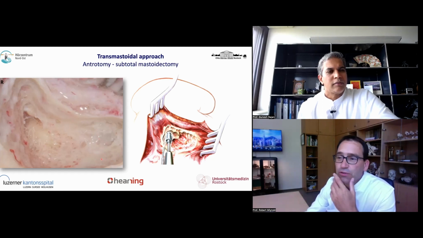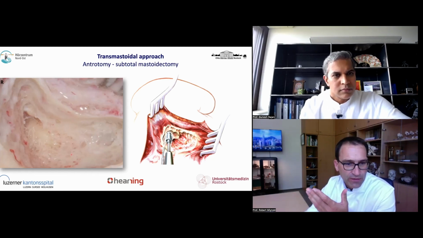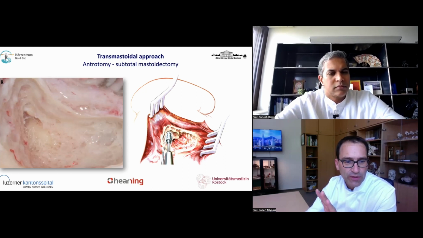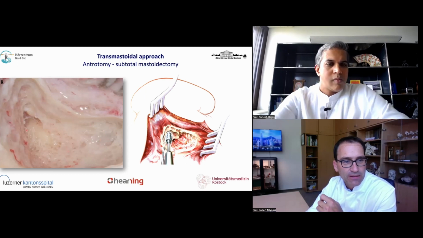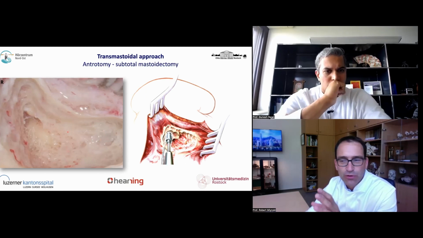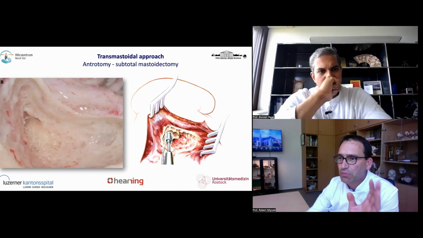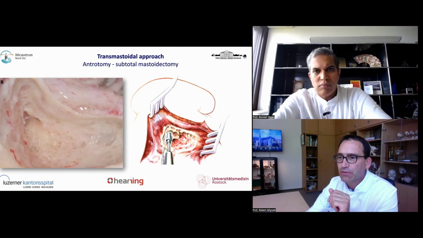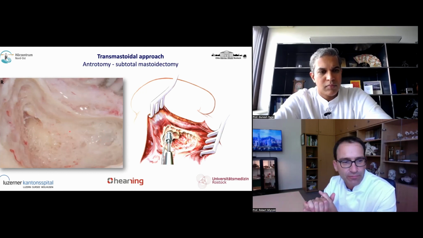What's also important is that you don't need to destroy all the mucosa. This is the bony lung of the mastoid, the air chamber of our temporal bone, and we don't want to mess this up. I think plugging it is also not very advisable, because it will interfere with the delicate pressure change between the tympanic cavity and the mastoid bone.